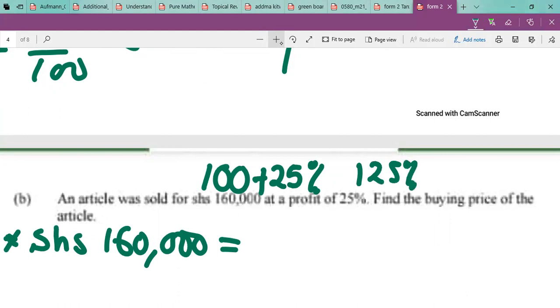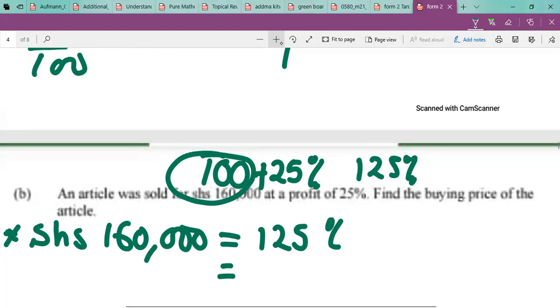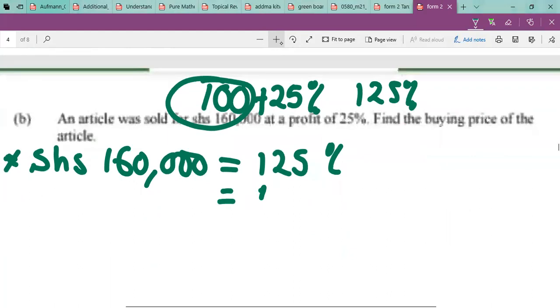So this 160,000 represents 125% in totality. Now, find the buying price of the article. Find the value when you have 100%. 100% will represent the buying price of the article. So we are going to say 100%.